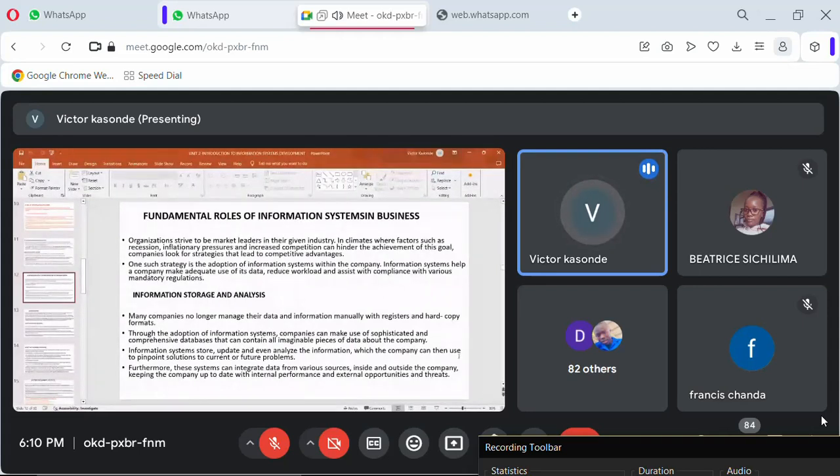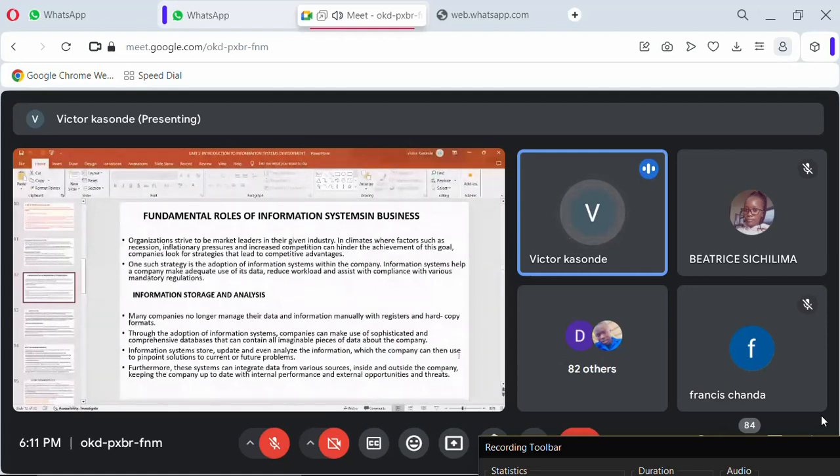Information systems help a company to make adequate use of data and reduce workload. Where ten people were working on the same thing, if you bring in an information system, the number and the workload will reduce. It also assists with compliance with various mandatory regulations, so the company competes favorably on the market.